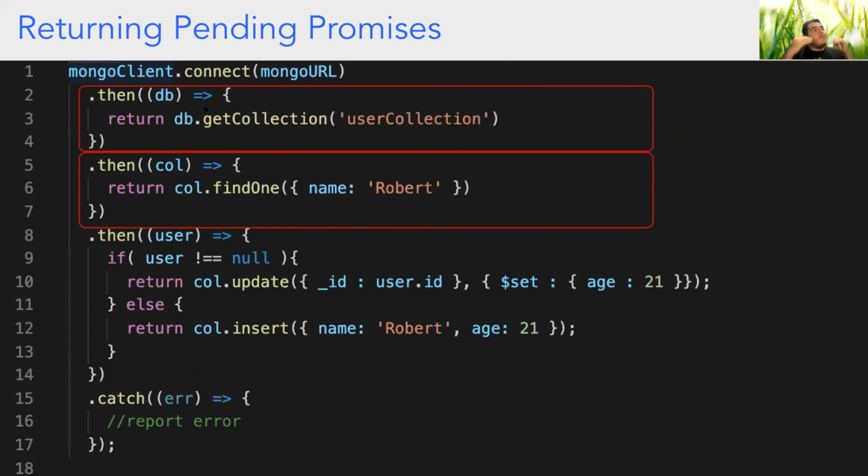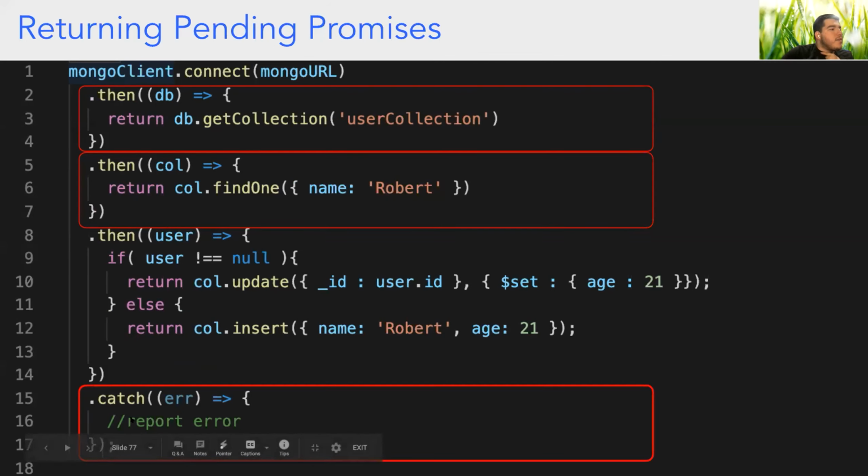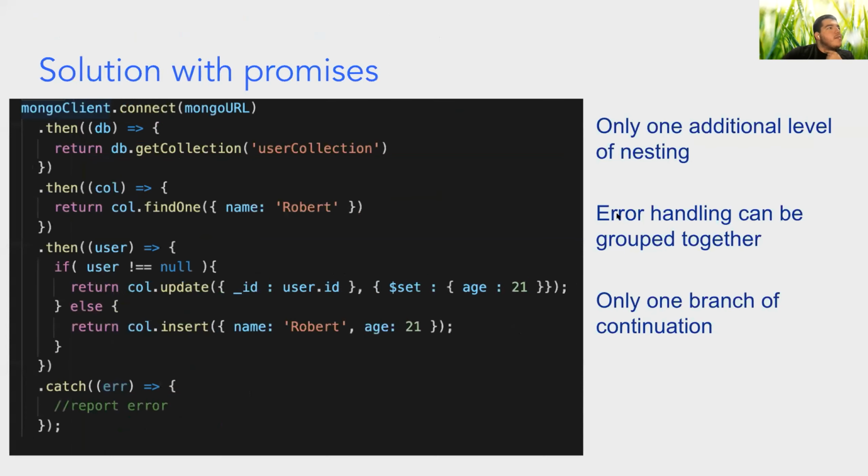And so now we're seeing that we can start having this chain that's just getting passed to the next level. And this is a little bit nicer. Database, collection, and user. And eventually we just have one .catch at the end. So this is a little bit of a nicer way to do it. I know I still have to get to one more thing, so I'm just going to speed through this a little bit. But basically when we do this chain of promises, we only have one level of nesting.